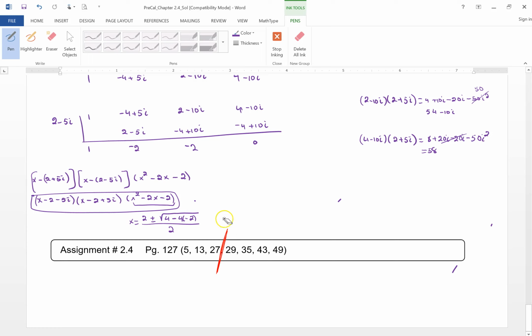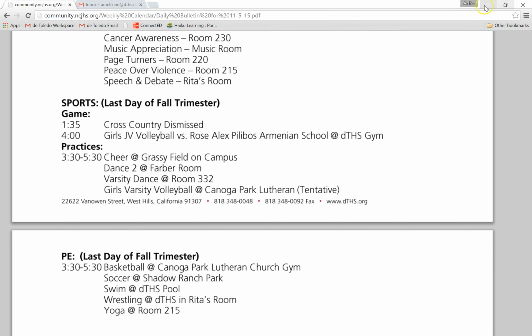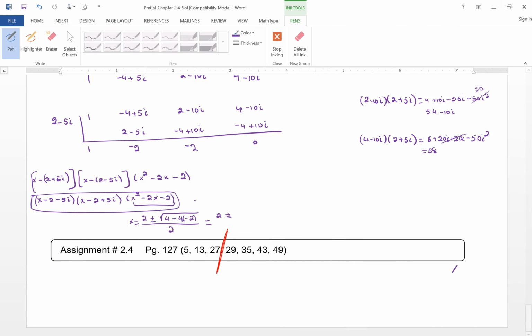That means we have 2 plus or minus, what is this? 4 plus 8 is the square root of 12 over 2, which means this is 2 plus or minus 2 root 3 over 2. The 2's cancel. 1 plus or minus root 3 is what we get from here.